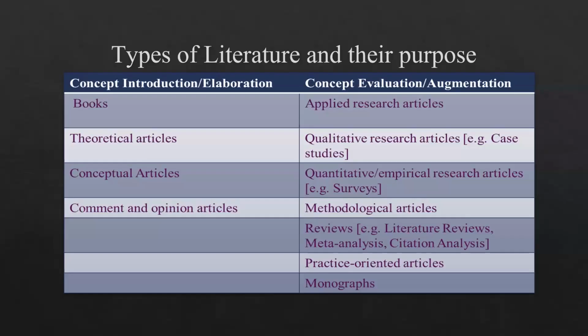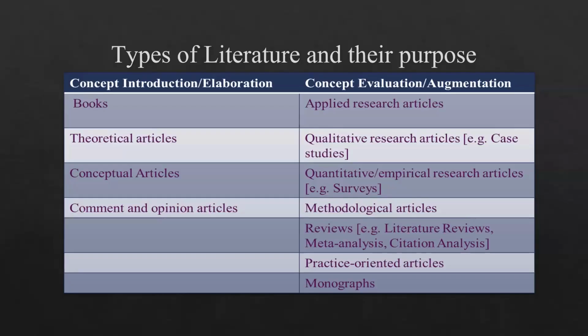So I often advise my research students who are starting off in a new field or area to consult the types of information that are on the left-hand side of the table. So things like books, theoretical articles, conceptual articles, and comment and opinion articles. And the reason I tell them this is so that they can start with a basic understanding of what that concept means.